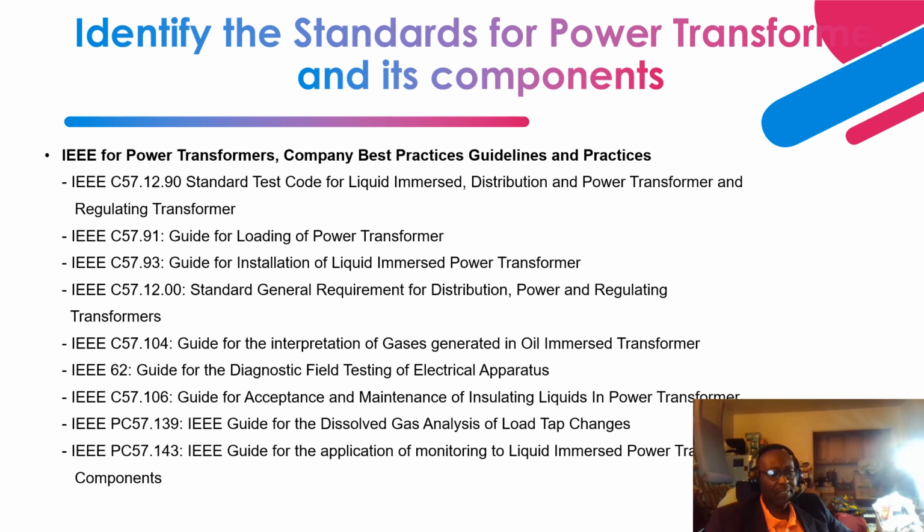And C57.139 is for dissolved gas analysis of load tap changers. As you know, load tap changers have a different way of analyzing their DGA, and usually it comes from the manufacturer.